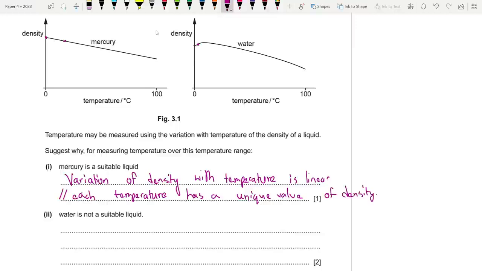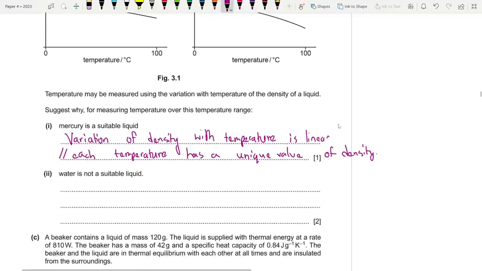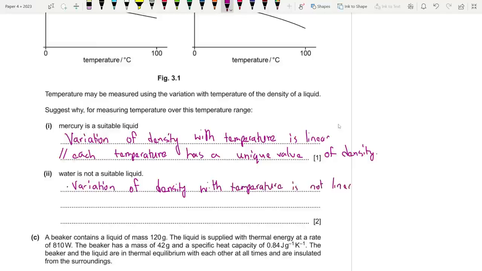On the other hand, why is water not suitable? That is also important, mainly due to the fact that it is not linear. So that's our first point, that the variation of density with temperature is not linear. Okay, that's our marking point number 1.